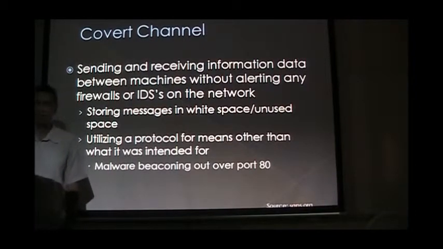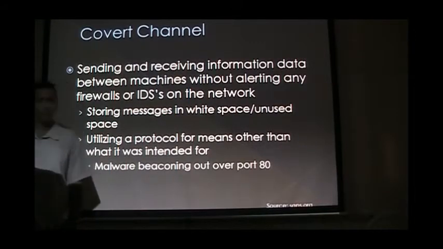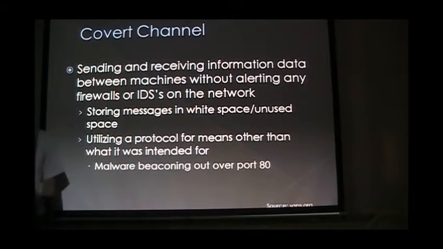A lot of people thought that. Also during Vietnam, some of our prisoners of war, when they were videotaped, would blink Morse code. So that's a covert channel. They're being videotaped saying, hey, I'm okay, but they're also sending a message back to our government through Morse code by blinking.